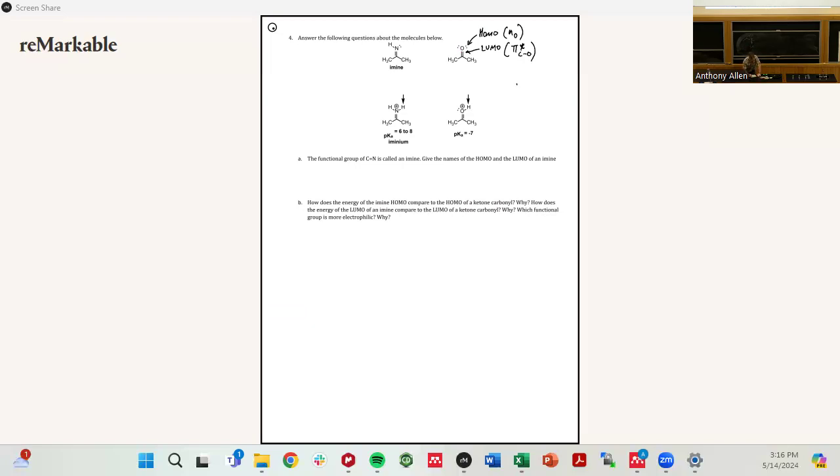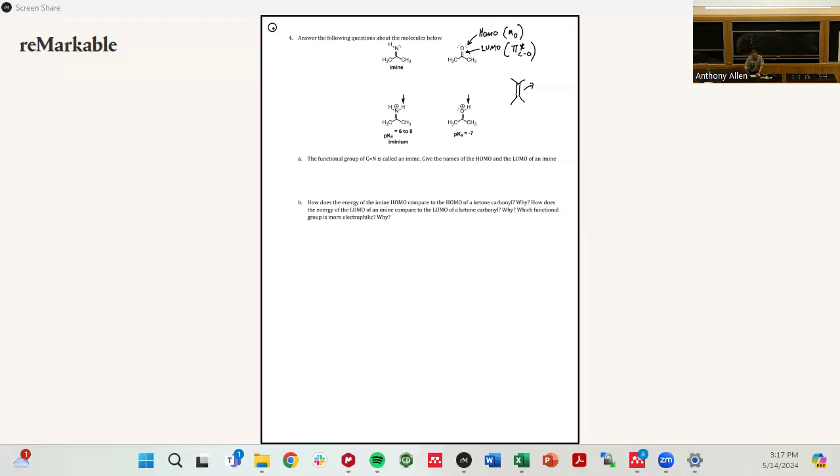In an alkene, what doesn't it have anymore? Lone pairs. So the HOMO then goes to the pi bond.